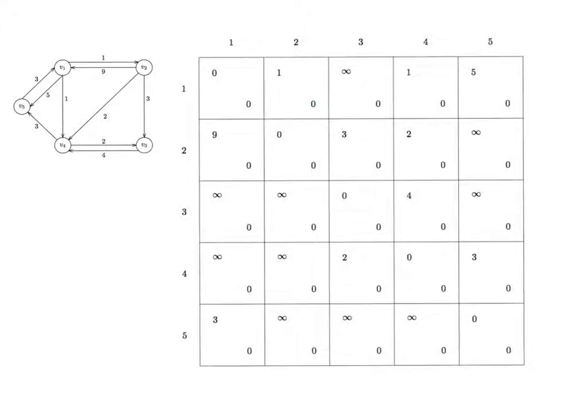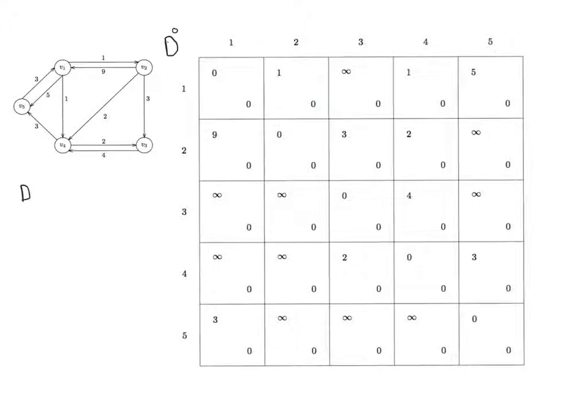Okay, so Floyd's algorithm is based on the dynamic programming technique. So each cell of this chart represents an answer to some subproblem, as always. So this chart that we start off with is D0.